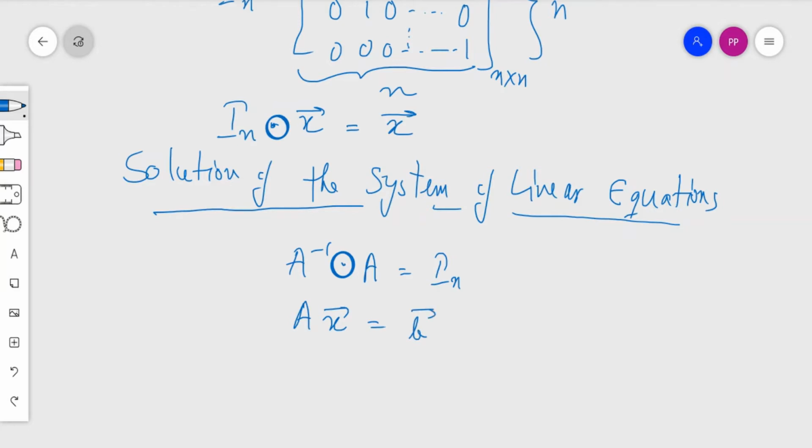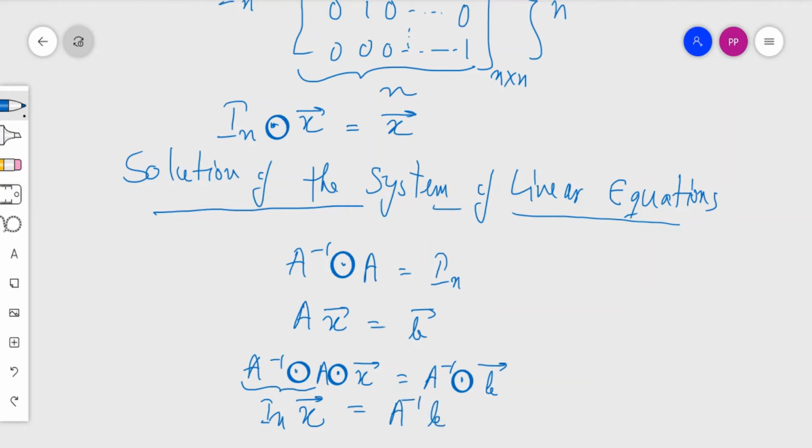Then if I multiply both sides, that is the left multiplication by A inverse, this will give you A inverse A vector x equals A inverse Hadamard product with b. This A inverse into A will give you In, and this is vector x, and this is A inverse vector b.